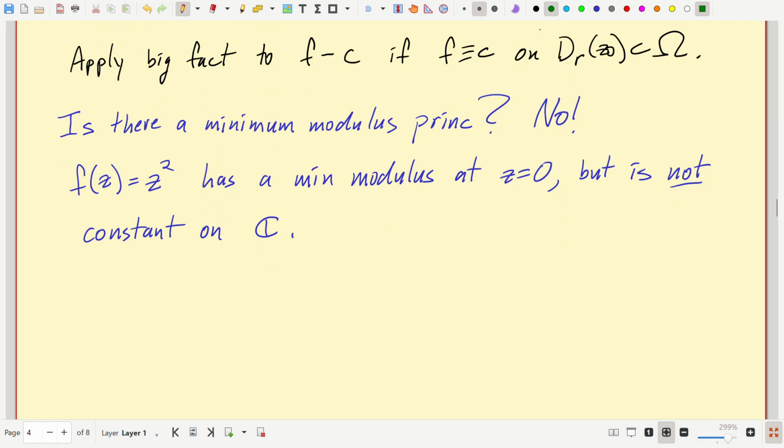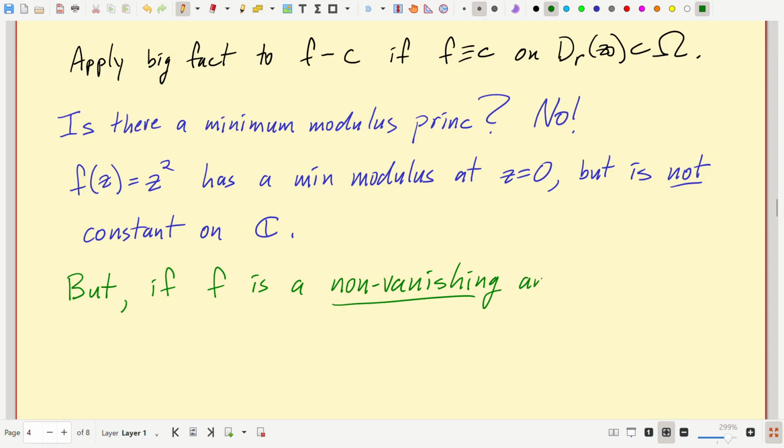But if f is a non-vanishing analytic function on a domain omega, then you can apply the maximum modulus theorem, and there is a minimum principle.